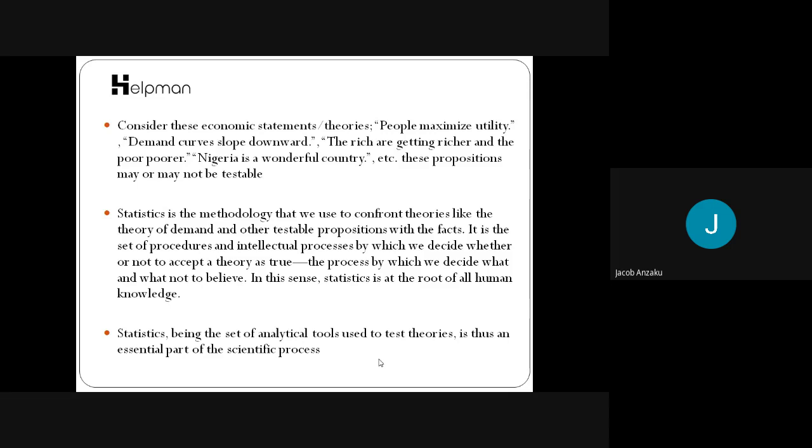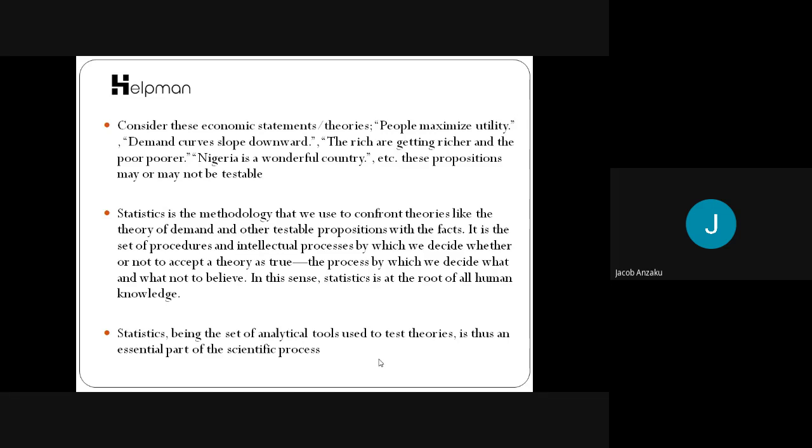Statistics is the methodology that we use to confront theories like that of demand and other testable propositions with the facts. It is the set of procedures and intellectual processes by which we decide whether or not to accept a theory as true or false. The process by which we decide what and what not to believe.